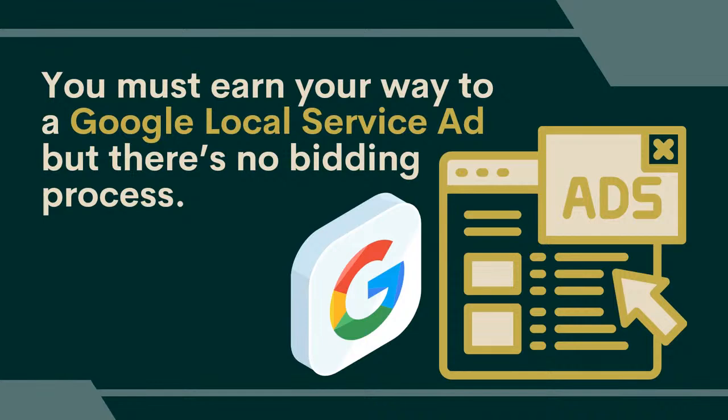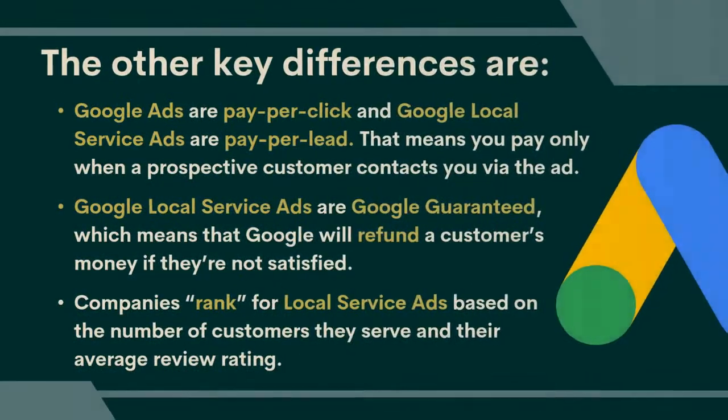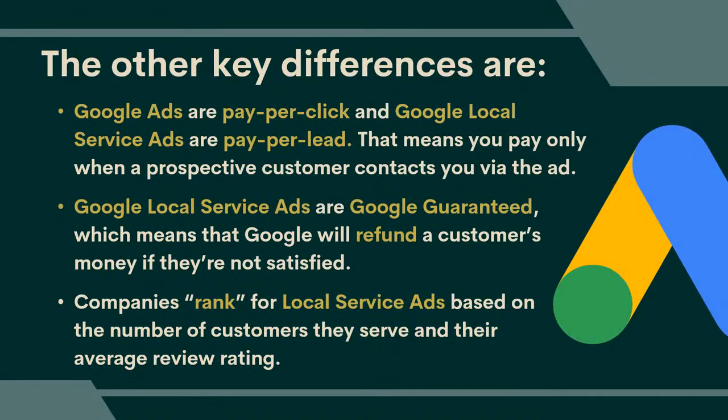You must earn your way to a Google local service ad, but there's no bidding process. The other key difference is that Google ads are pay-per-click, and Google local service ads are pay-per-lead.